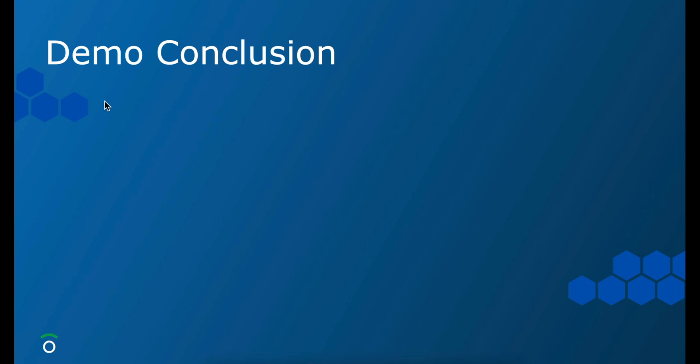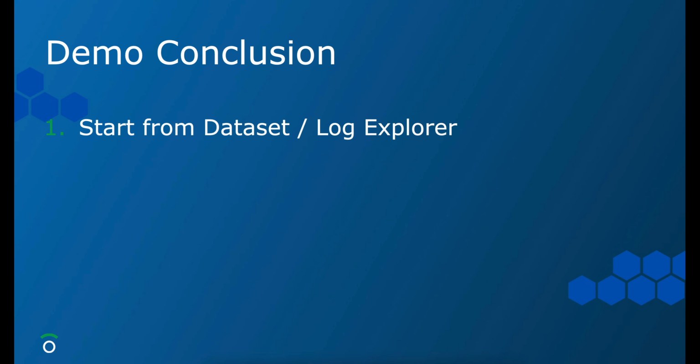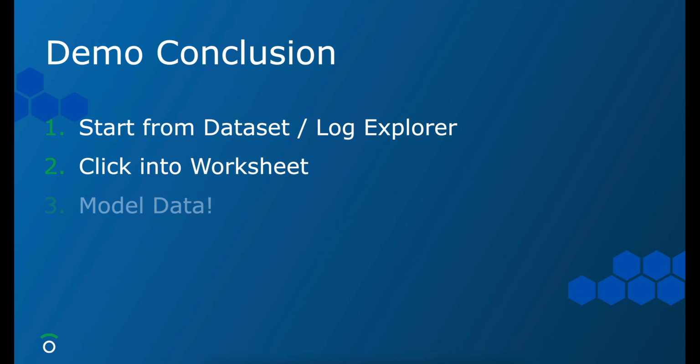To wrap up this short demo, we'll go over what we just did at a very high level. We started from a dataset, our source, and this might have happened through the Log Explorer as well, and then we clicked into a worksheet so that we could really start modeling this data, and then ultimately we can publish this data into its own dataset and/or save it as a worksheet.